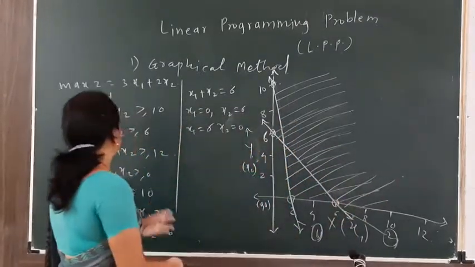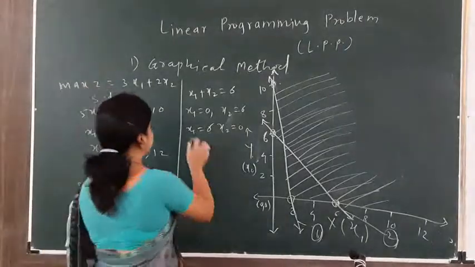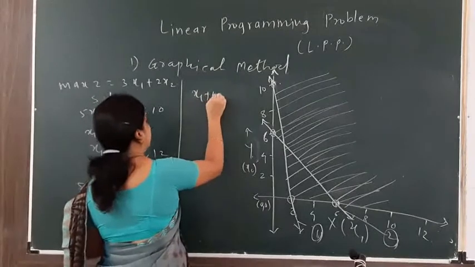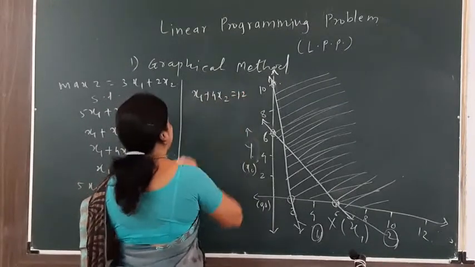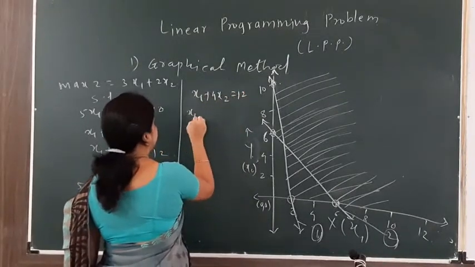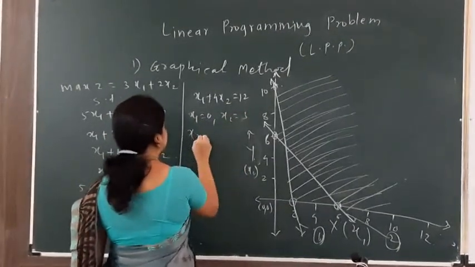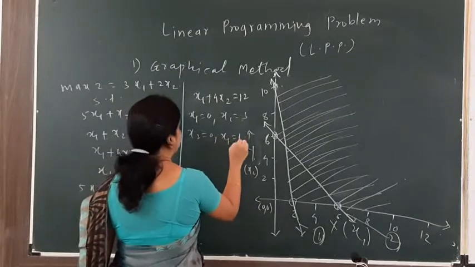Okay, fine. Now for the third equation, x1 plus 4x2 is equal to 12. Suppose I put the value of x1 as 0, x2 is 3, and suppose I put x2 as 0, x1 is equal to 12.